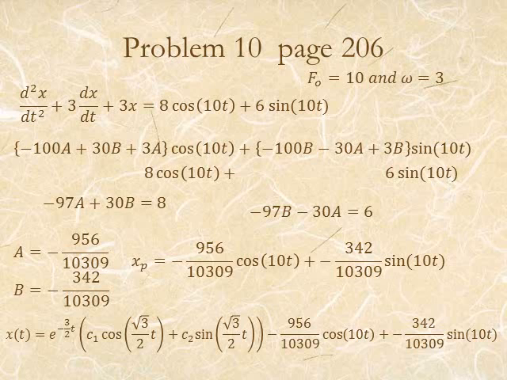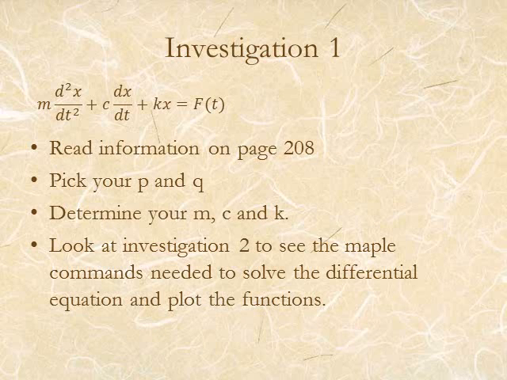And that's how you solve some of these forced oscillation problems. You can graph this and then get this very interesting solution that shows up. I'll leave the graphing up to you. You are going to have to do investigation 1 on page 208. And again, it deals with this differential equation that we've seen before. Here's how I'm going to recommend you solve investigation 1.